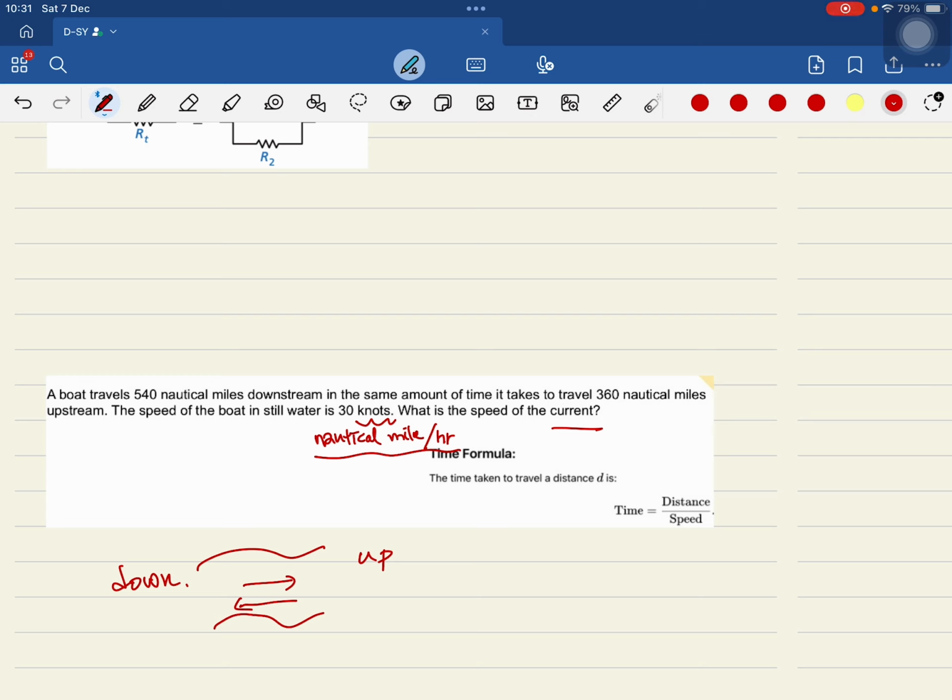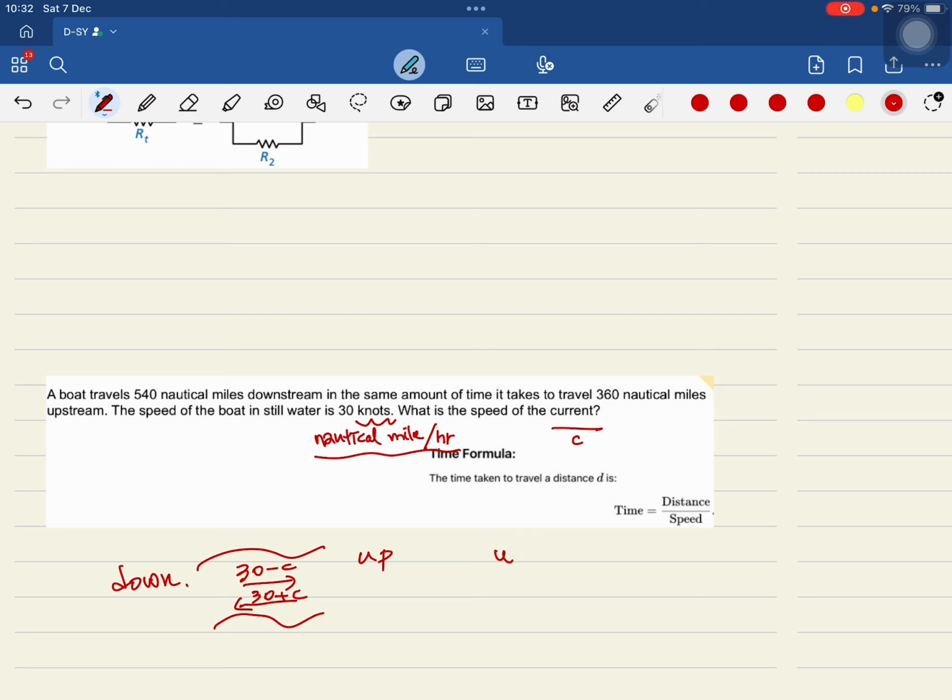We don't know the current speed, so let's call it C. When the boat travels from down to up, which is upstream, it cannot get help from the current because that is the opposite direction. So here it is 30 minus C, because the current is disturbing the boat. But from up to down, which is downstream, it is 30 plus C. So this is the speed.